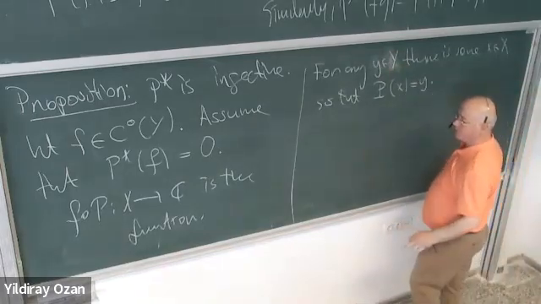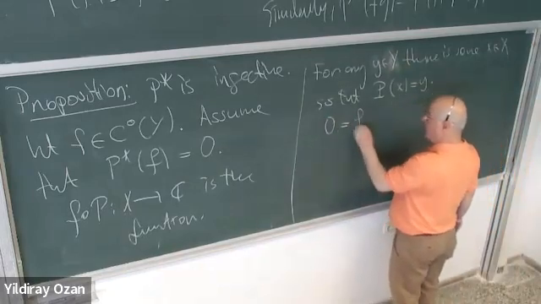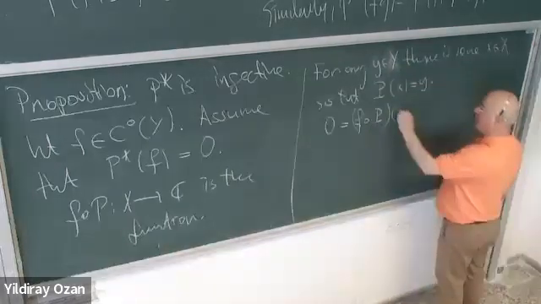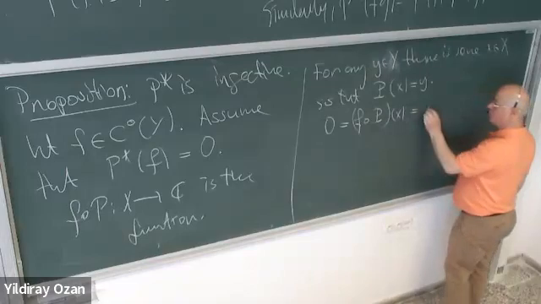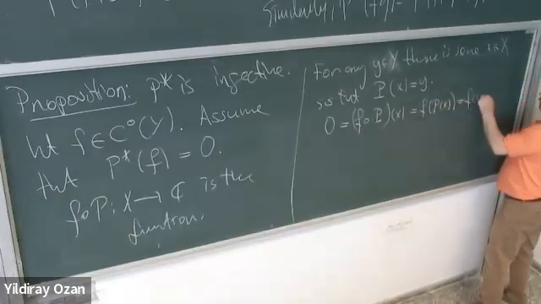What follows from this? 0 is f composition p of x. So this is f of p x. This is f of y.